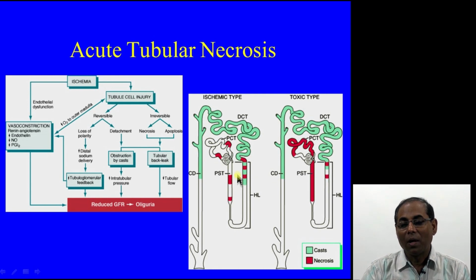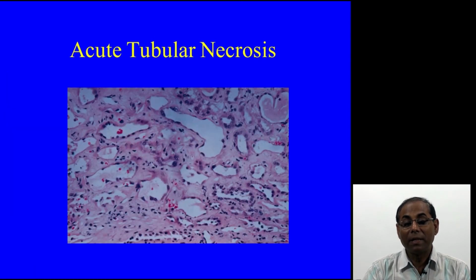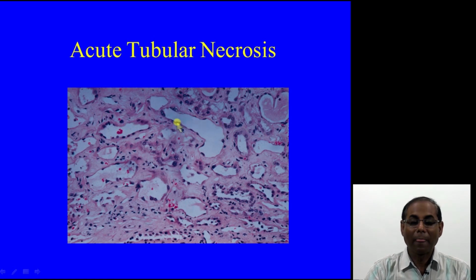If we see that there is more injury to the proximal convoluted tubule with widespread involvement of the loop of Henle, and it is a more severe kind of injury, it may indicate a toxic injury. Whereas, if we get skip zone injury, that is some part of the proximal tubules and some part of the loop of Henle are more affected than the other parts, then we can think the type of injury may be more of an ischemic injury.